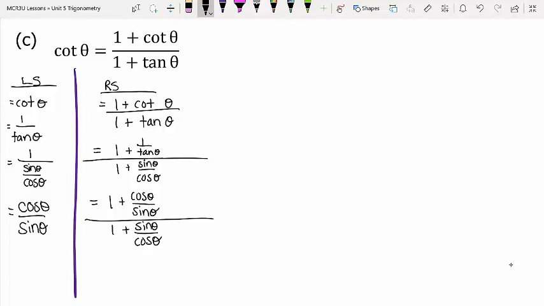Okay, now I need to add both the terms in my numerator and add both the terms in my denominator. So in order to add 1 plus cos theta over sine theta, I need common denominators. So I'm going to multiply that 1 in the numerator by sine over sine, creatively multiplying by 1 so that in the numerator they get common denominators.